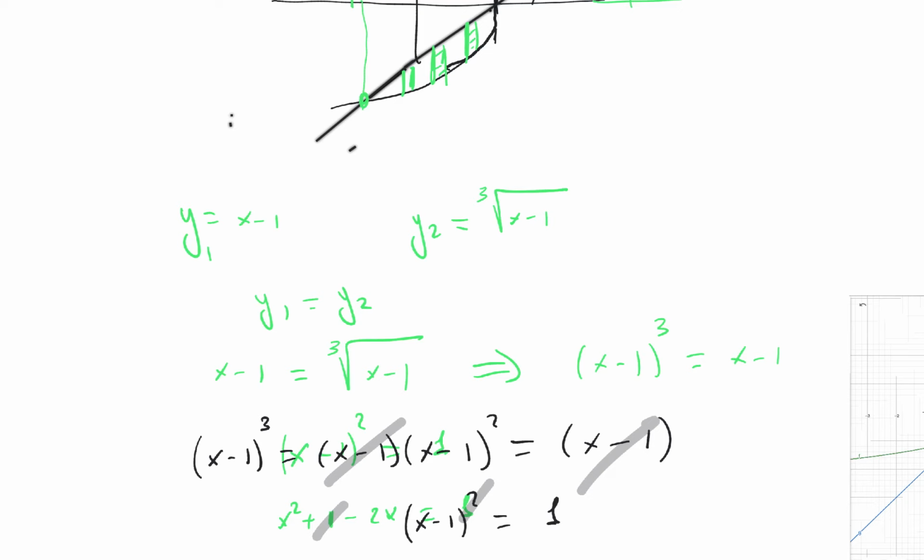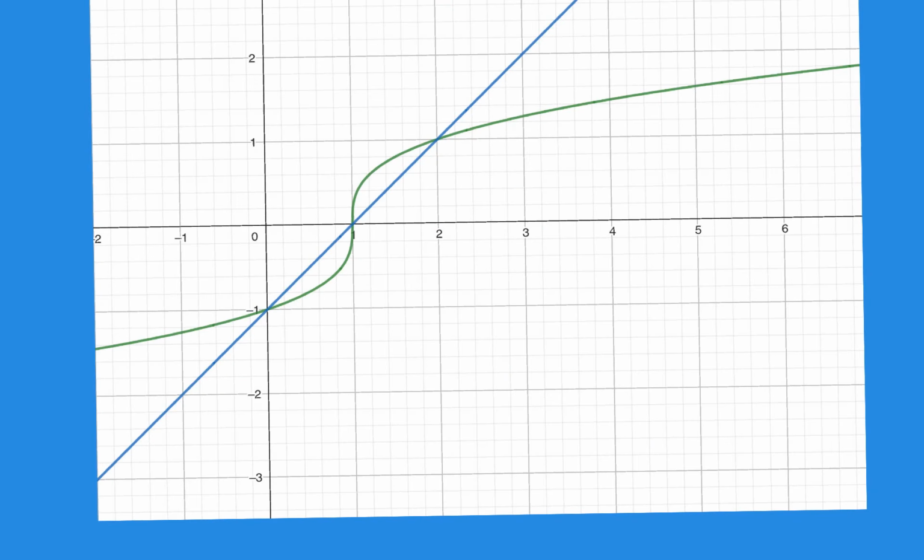If you graph this function, the graph will be this one. The two functions are the cubic root of x minus 1, and this is the graph y equals x.